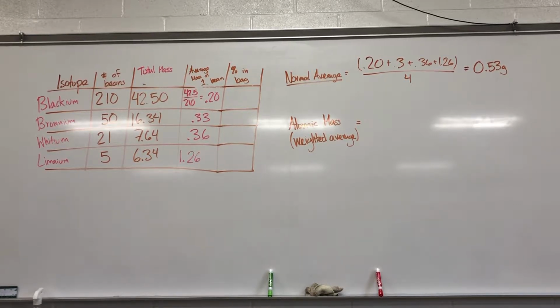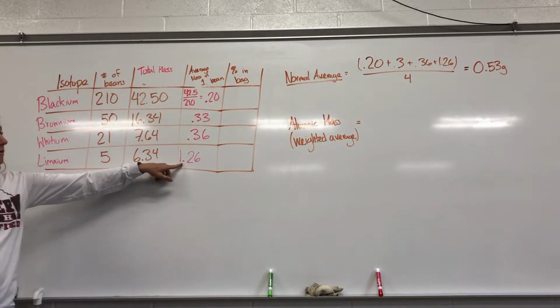So why is that a bad number to represent our beanium? Because it assumes you have an equal number of each isotope. Good. Jeff, what were you going to add to that? I was just saying because limium is way far away from that number. Yeah, limium's way far away.